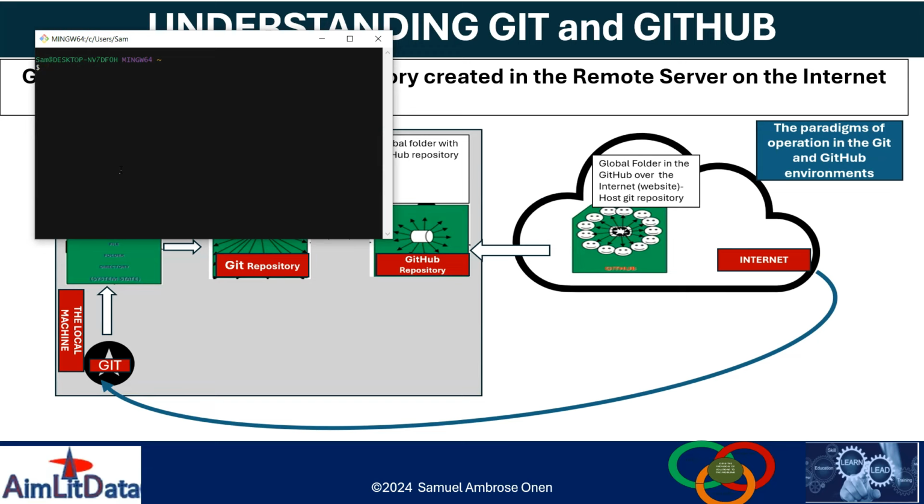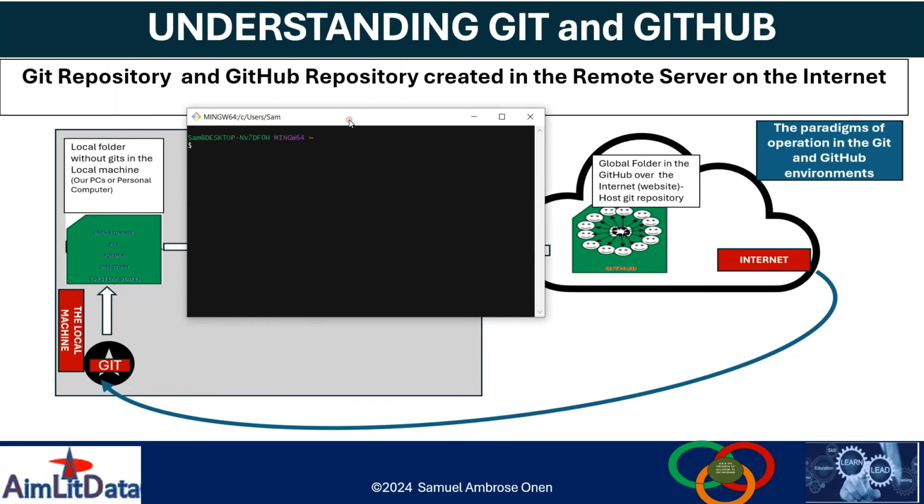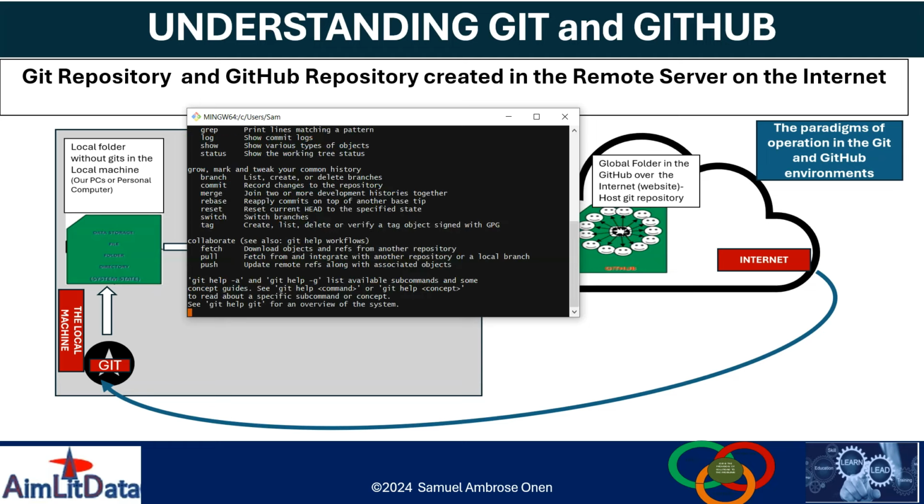So we're just going to check to make sure that we have indeed installed Git into our computer, which is represented by this long arrow here. Have we really installed Git in our computer? Well, to check that, you just type git on the terminal like that.